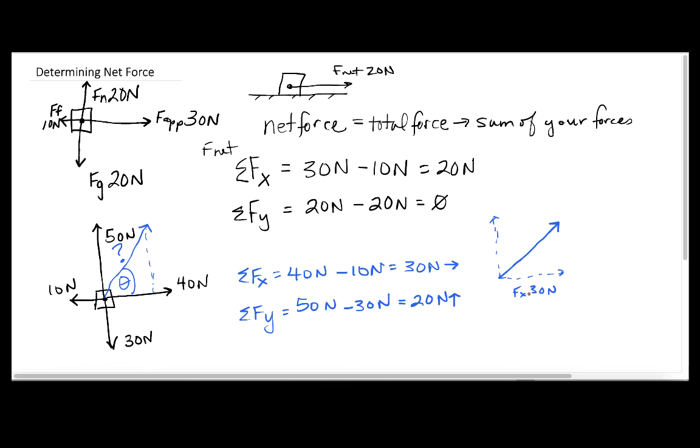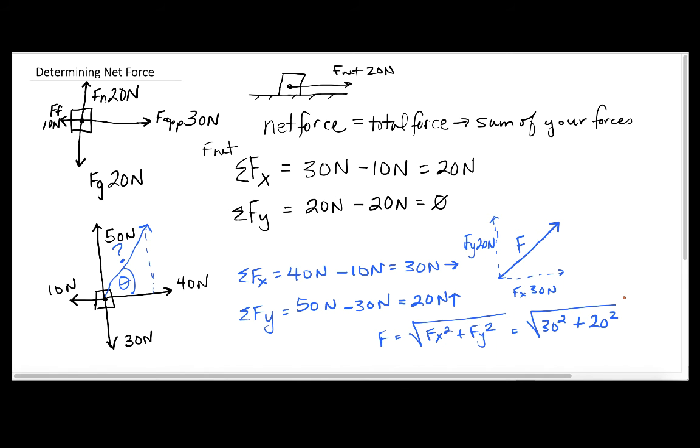And our vector has an x component of 30 newtons and a y component of 20 newtons. And so F, or our force, is going to be found using trigonometry. Whenever we're looking for that vector, it's the square root of the x portion squared plus the y portion squared.